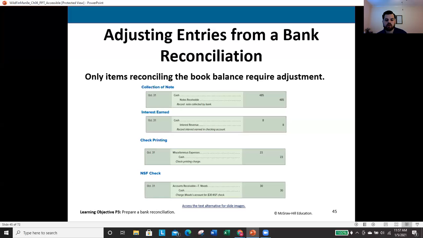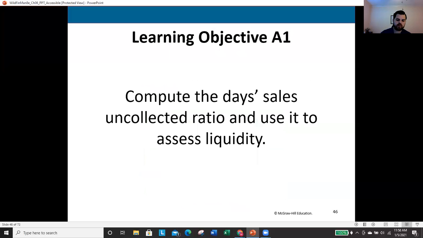But when that check bounces, I must reverse that entry because even though they tried to pay me, they weren't successful. So I have to reinstate that accounts receivable with a debit. So a debit to accounts receivable and then the customer's name, and then a credit to cash. Because I'd already added the cash into my account, well, now I've got to credit that amount.